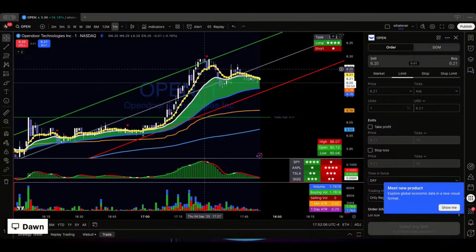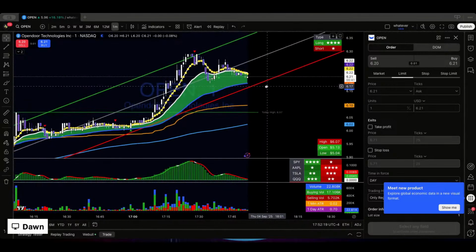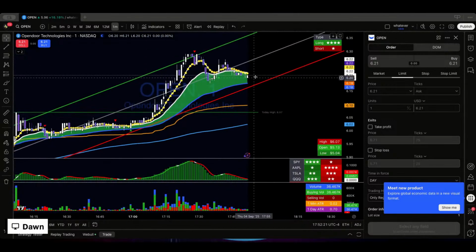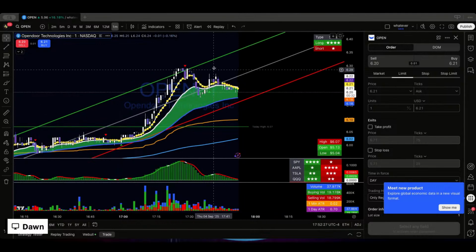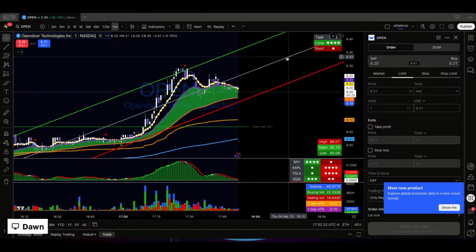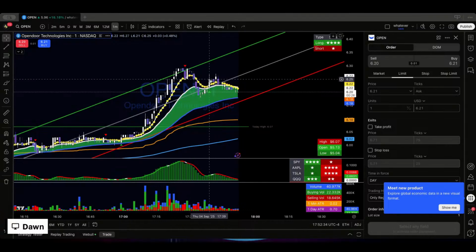So here's open with the TradingView indicators, which now, if you're fortunate enough to have these, remember the trend we were talking about? Look what's drawn out for you. We call this the regression channel. It will show you the trend, gives you the areas of support and resistance that you need to be aware of, including the mean that Richard taught us about, as you can see where it consolidated right there.